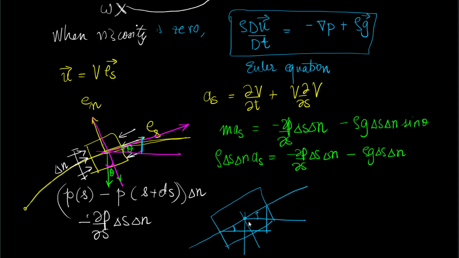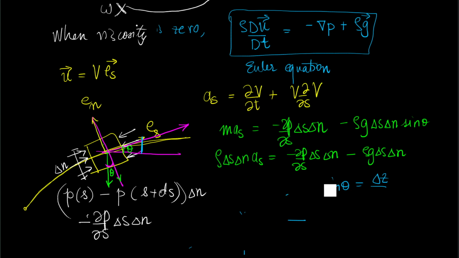So this angle is the same as this angle, and sine theta in this case will be equal to delta Z upon... what is the component of the acceleration due to gravity?